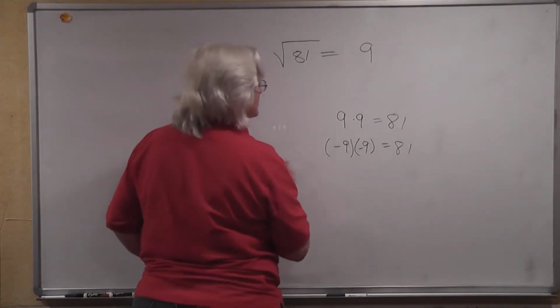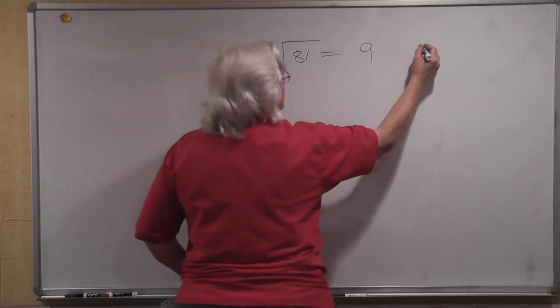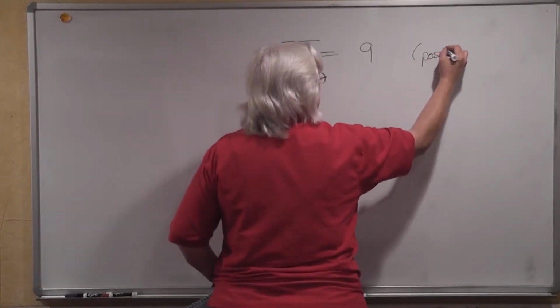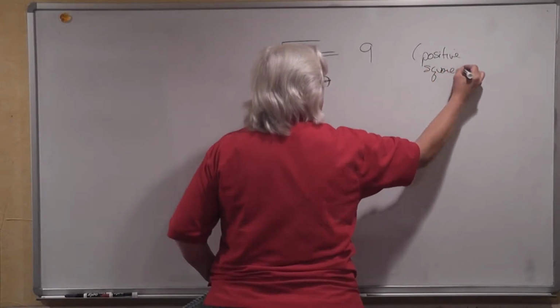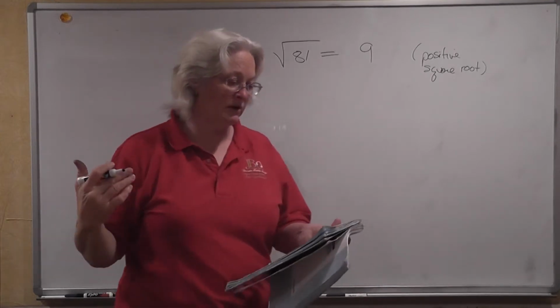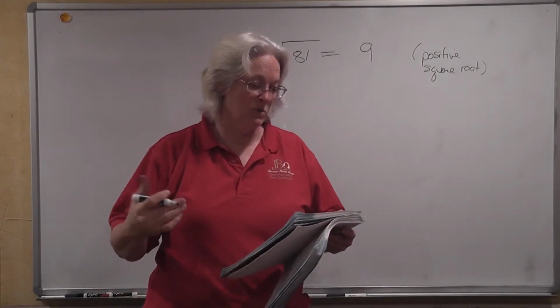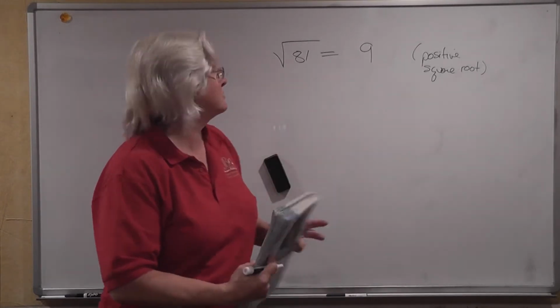If we say that the square root of 81 is equal to 9, this is what we call the positive square root. They also call that the principal square root, but just for now, just know it's the positive square root.